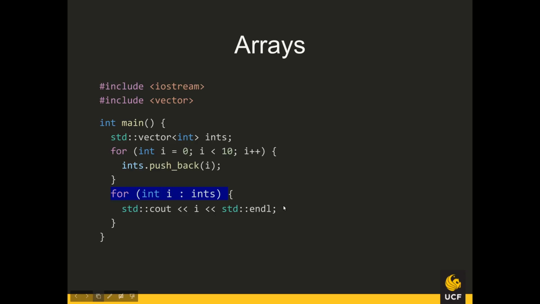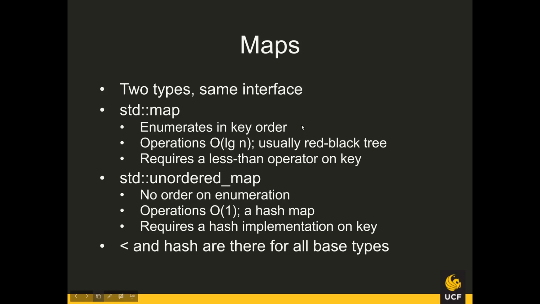But .at is obviously slower, especially if you're accessing the array a lot. So whether you use square bracket notation or .at, you can use .at while you're developing your solution to make sure that all your indices are right. But for the purposes of submitting, you probably want to change it to square brackets because that's a lot faster.